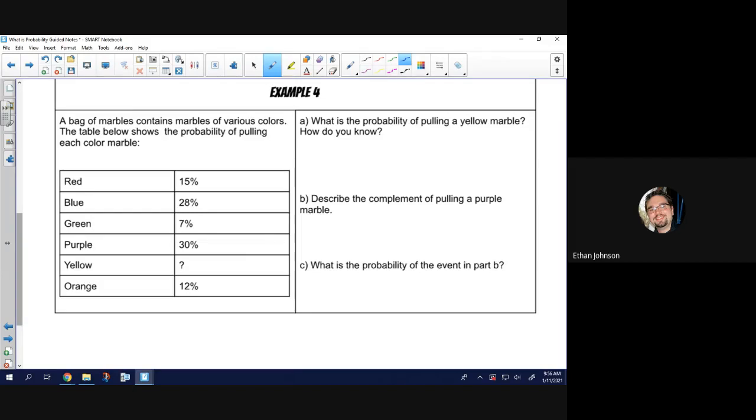So I can do, or 100%, I can do 100 minus each of these probabilities. So minus 15, minus 28, minus 7, minus 30, minus 12. To get our missing probability. By doing all of that, we get 8%.